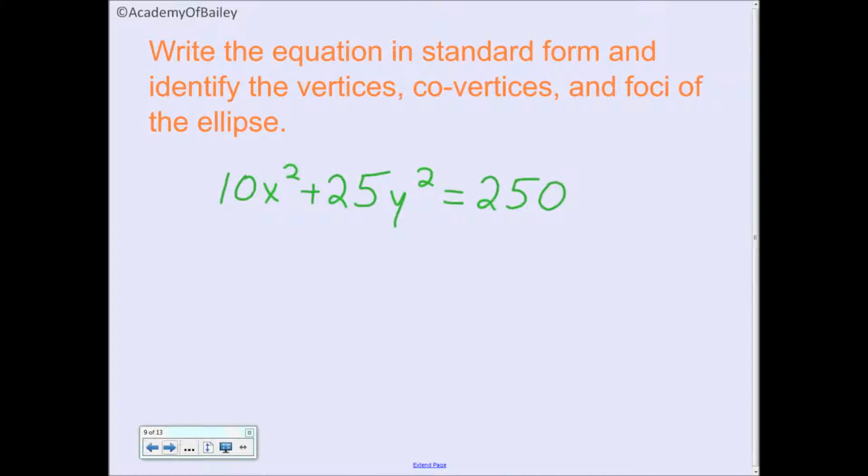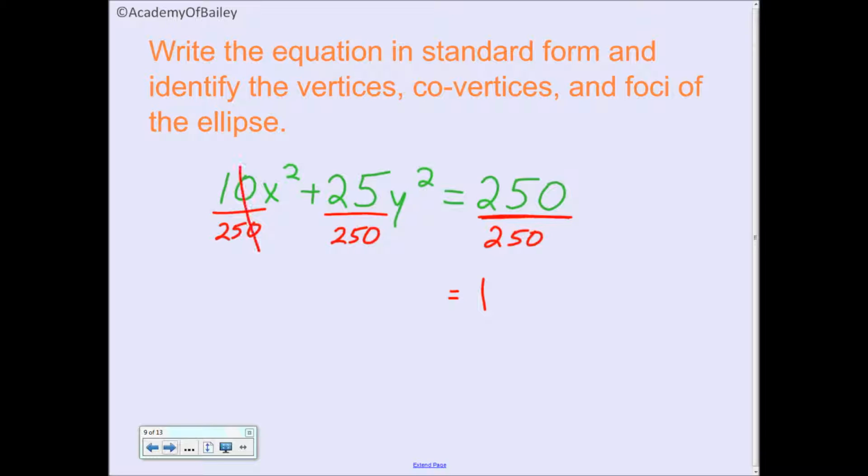It says write the equation in standard form and identify the vertices, covertices, and foci of the ellipse. All right, so your big key here is this right here, 250. In an ellipse, we like that to be 1. So what do we have to divide 250 by to get 1? 250. So if we divide the right side by 250, we have to divide the left side by 250, and that's everything on the left side.